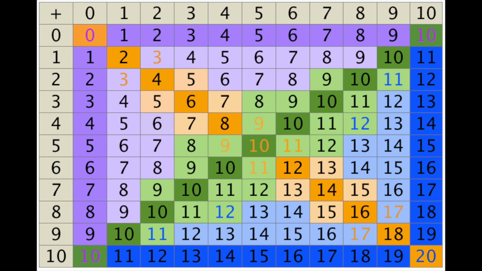The dark shaded ones of whatever color are the ones that kids gravitate towards. So the dark orange are the doubles, like 2 plus 2, 3 plus 3, 4 plus 4, and so on. The dark green are the ones that make 10. Kids will gravitate towards those. The dark blue are basically the teen numbers, as we group them into that terminology, but it's really when you have 10 and then you add some more to it. 10 plus 1, 10 plus 2, 10 plus 3.